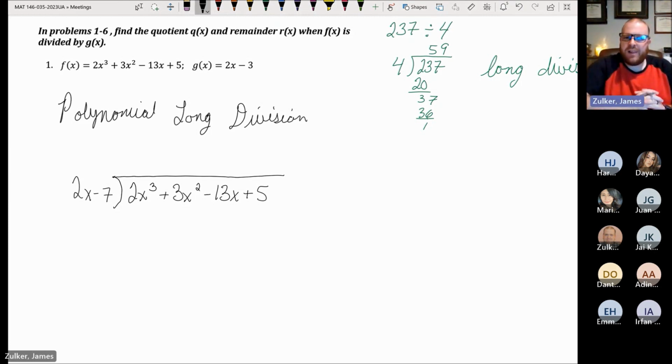Now, here's the game that we play. What do we have to multiply 2x by to get 2x cubed? x squared.